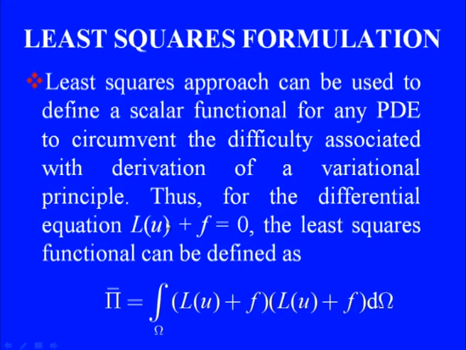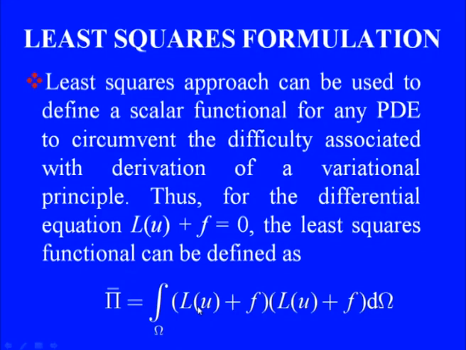Instead of trying to search for a variational principle for a given partial differential equation LU is equal to F, if we substitute for U an approximate solution, we will get the residual R. Now, let us define a functional pi bar, which is given by the integral of R square d omega. So, R is our residual. What we have here is the square of that residual, and to get a solution we want to minimize it. That is the reason why this is called least squares formulation. For details, once again I would encourage you to have a look at the book by Zienkiewicz.